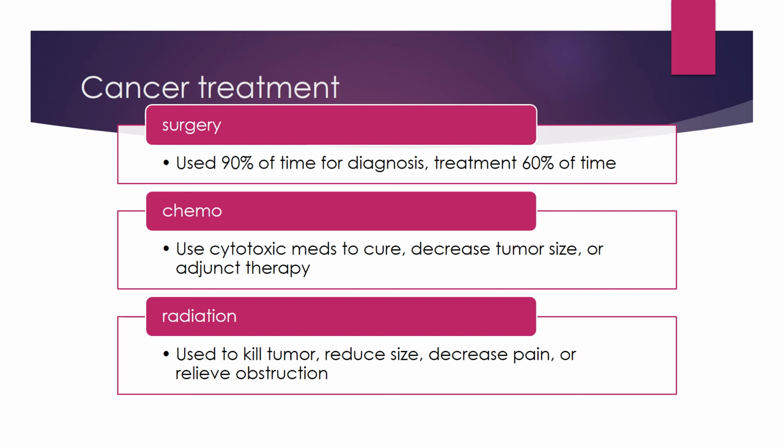Chemotherapy is the use of cytotoxic drugs, drugs that are toxic to the cells, to cure or decrease the tumor size, or just as adjunctive therapy. And radiation is used to kill the tumor or reduce the tumor size. Sometimes it's used as palliation to either decrease pain or relieve an obstruction that exists.